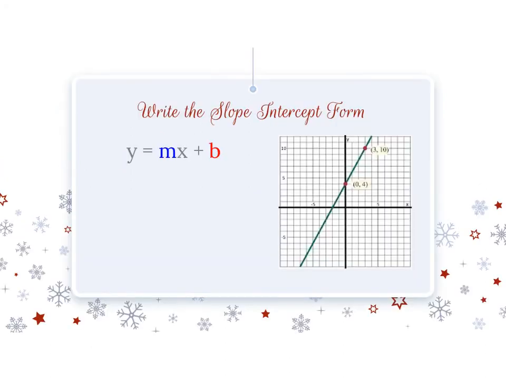And one more example just to make sure that you understand. So again, we are starting out with our b value, our y-intercept. And in this case, they gave us the actual ordered pair 0, 4. So our y value is the second number. So our b, our y-intercept, is just 4. Our slope is positive because I can see that it's going up from left to right.